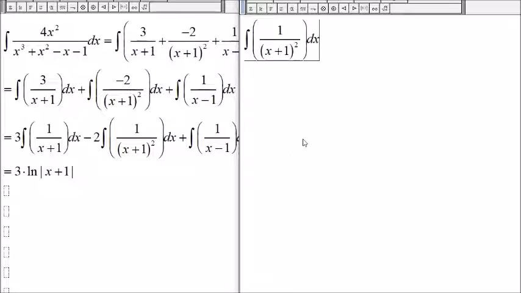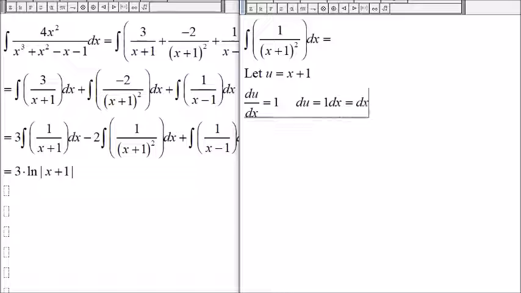And then we need to work out this integral right here. And so for this one, we can just use u substitution. We let u be x plus 1. So du dx is equal to 1. And so du is equal to 1 dx, which is dx.